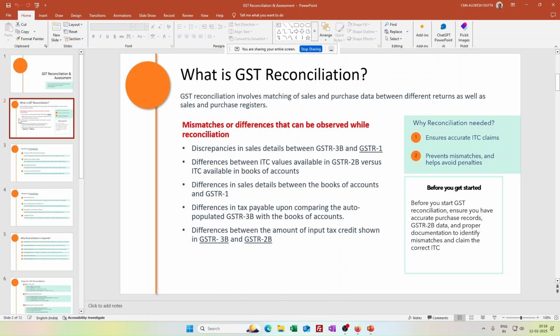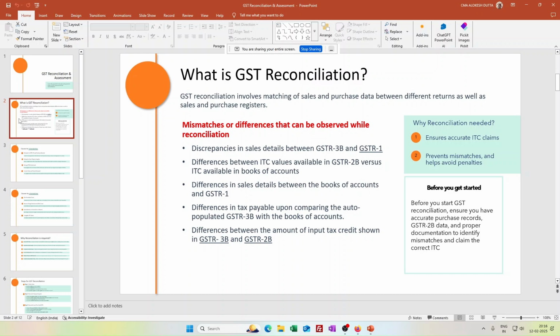But one thing you must be careful about: before starting reconciliation, you must be 100% sure that your books of account are 100% correct. Otherwise, there will be no meaning in reconciliation of the GST portal versus books of accounts. Because if your books of accounts are not correct, then what will we establish in both cases?